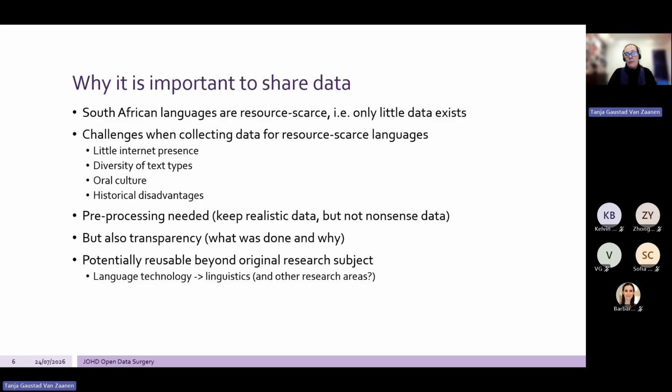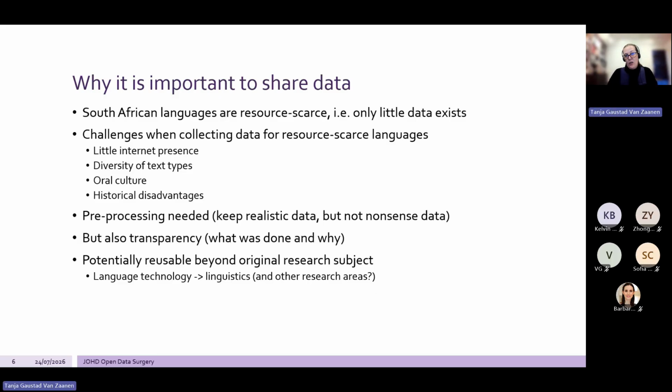And then if you want to collect that data, you don't find any written trace of them, unfortunately. And then lastly, there are historical disadvantages because during apartheid, some of the languages were not allowed to have a presence in that sense. So they were not allowed to be published, etc. And that, well, lasted until 1994, which is quite a long time.